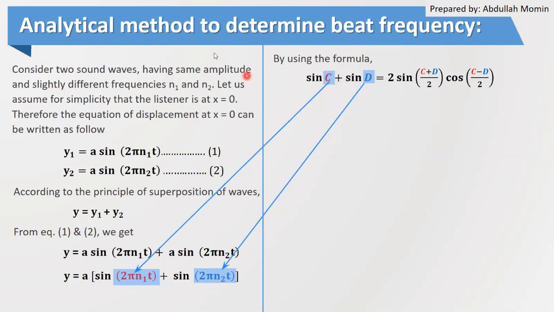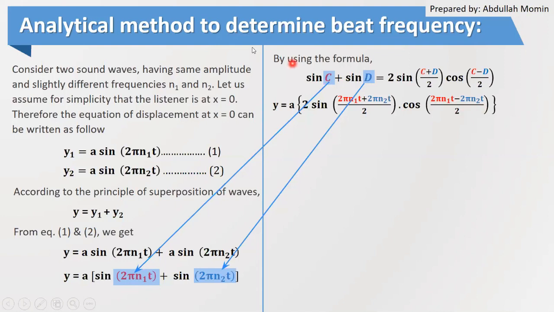So what we are getting after applying this formula in this equation is y is equal to a in bracket 2 sine (c plus d), that is the red one 2 pi n1t plus the blue one 2 pi n2t, divided by 2, into cos (2 pi n1t minus 2 pi n2t) divided by 2.